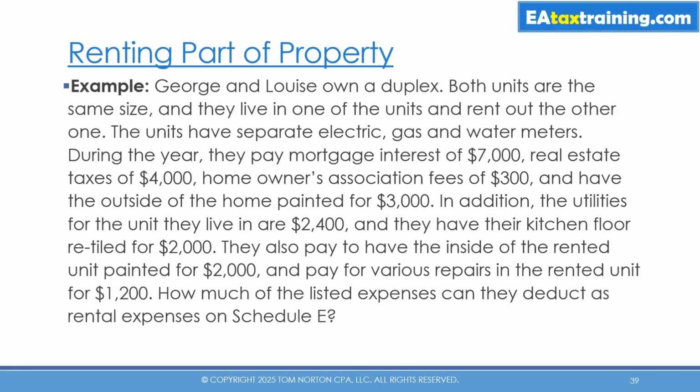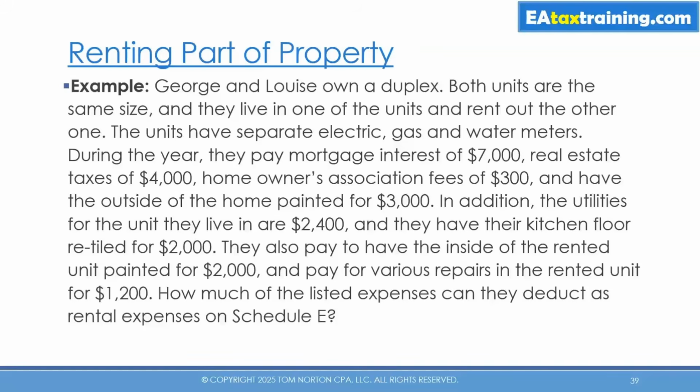During the year, they pay mortgage interest of $7,000, real estate taxes of $4,000, HOA fees of $300, and have the outside of the home painted for $3,000. In addition, the utilities for the unit they live in are $2,400, and they have their kitchen floor retiled for $2,000.